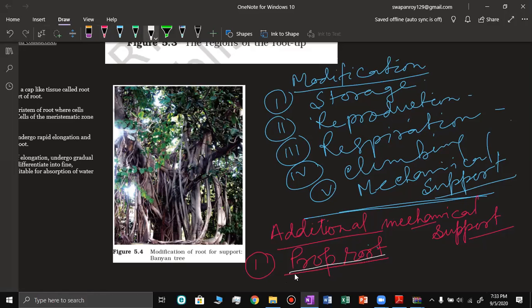Sometimes it is also known as pillar root, and this one is in case of banyan tree, then Indian rubber plant.